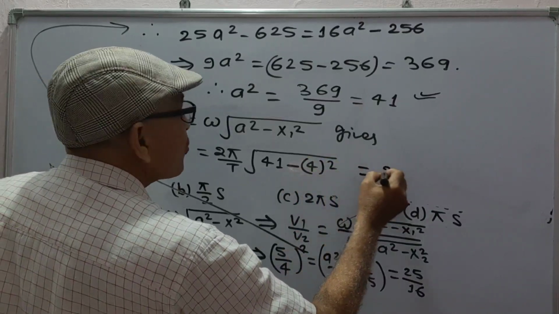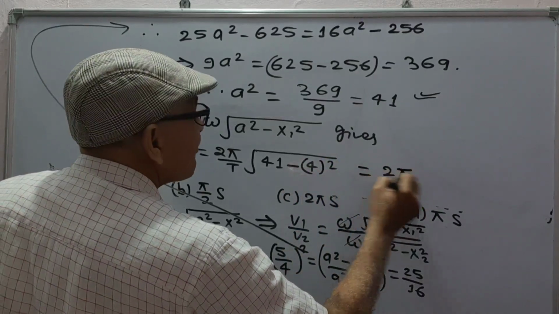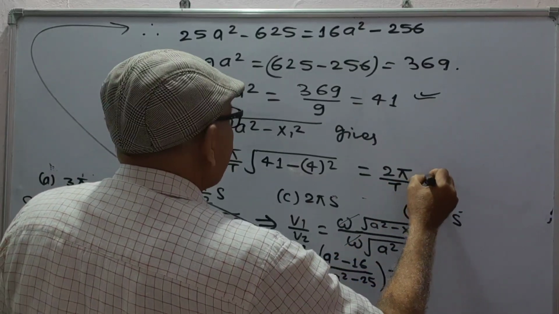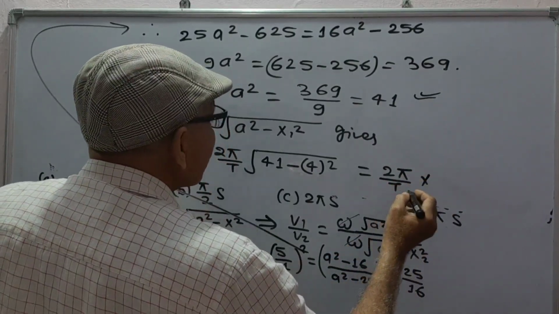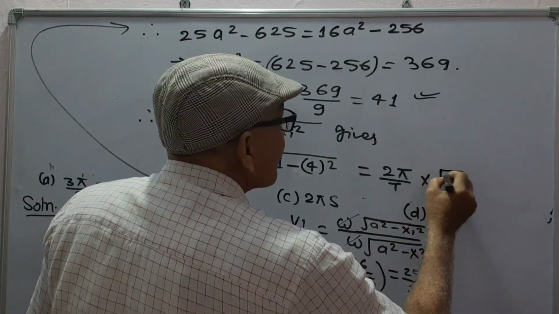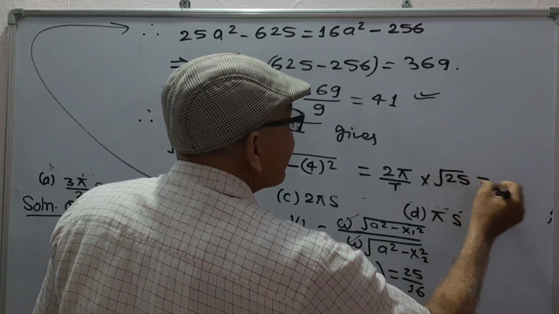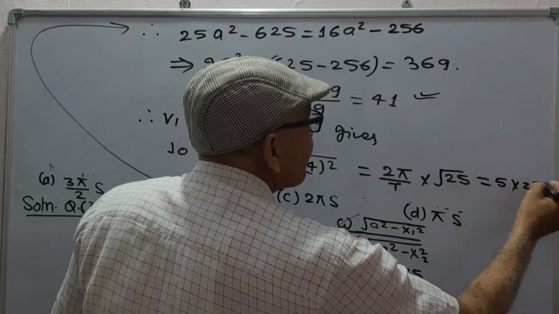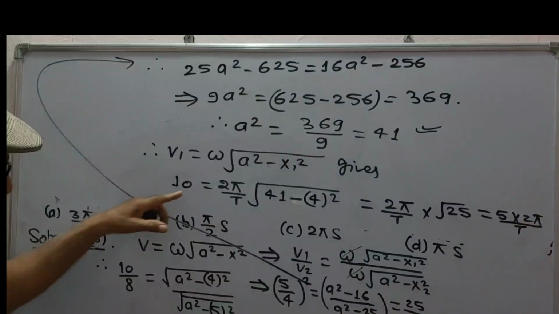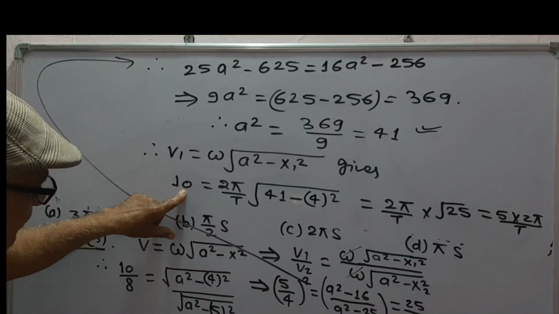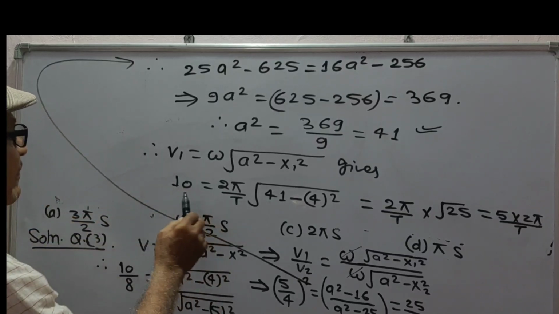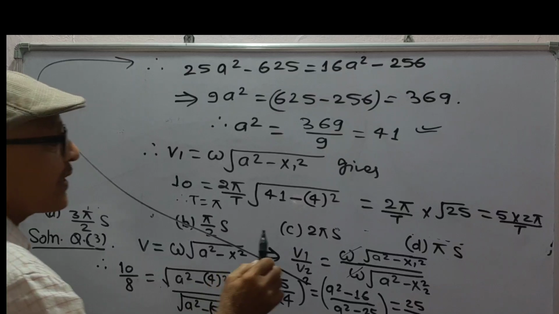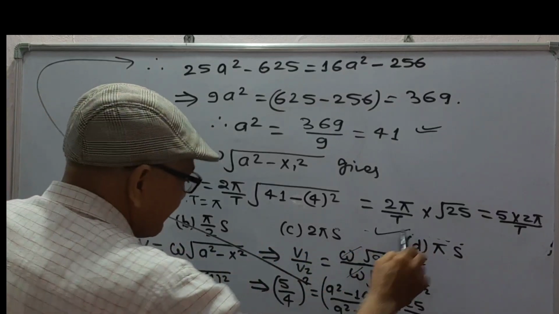So it is 2 pi upon T into root 25, which is 5 into 2 pi by T. Therefore, T will be equal to pi second. So the correct option is D.